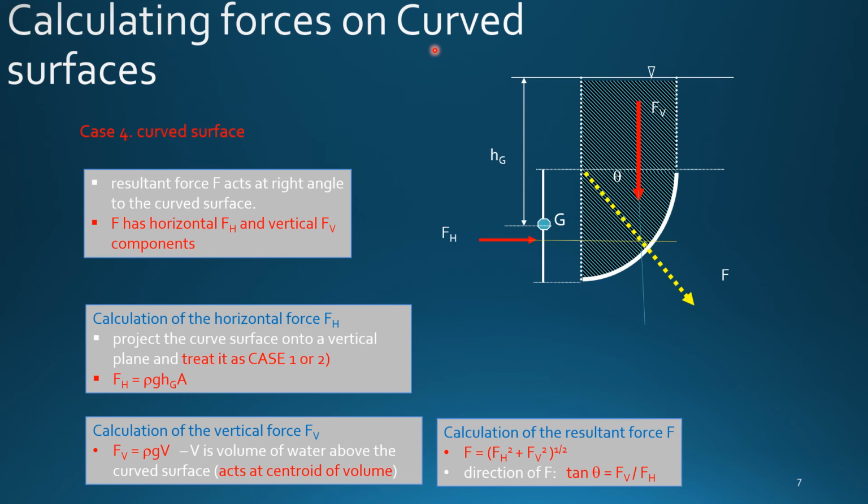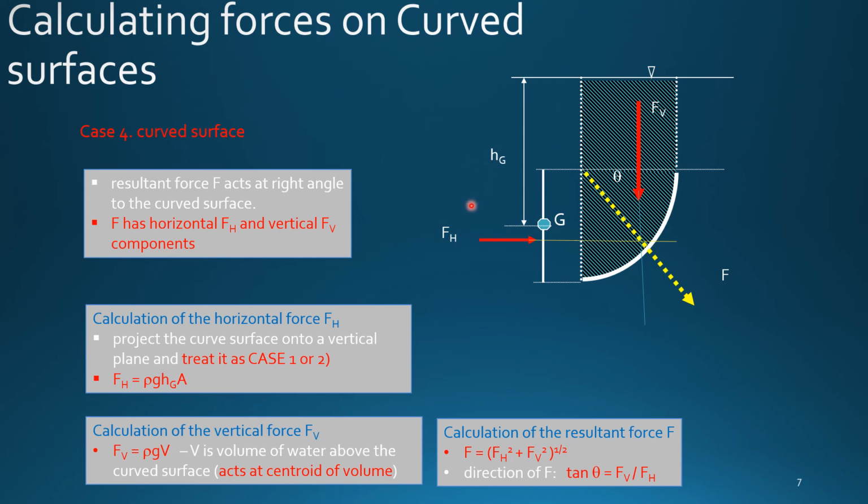For a curved surface, the hydrostatic force is the resultant of the vertical and horizontal components of the force. So we calculate the vertical component of the hydrostatic force, the horizontal component of the hydrostatic force, and then calculate the resultant, which is the final hydrostatic resultant force.